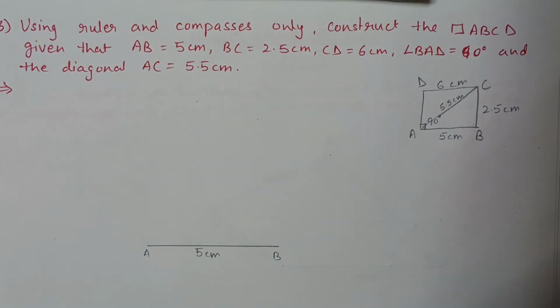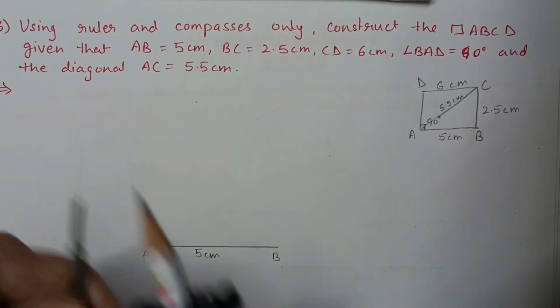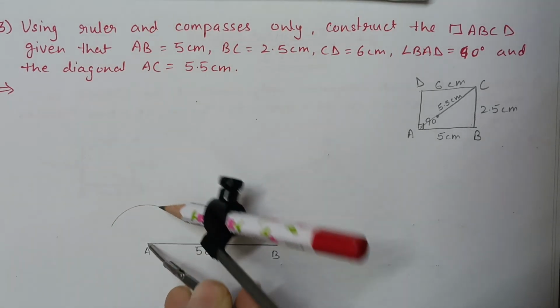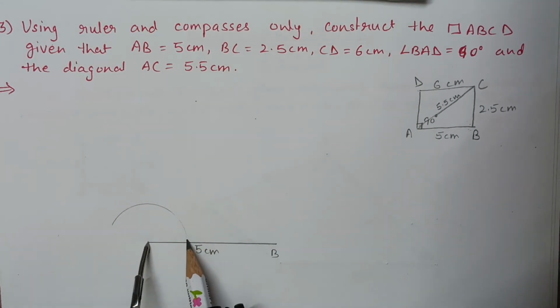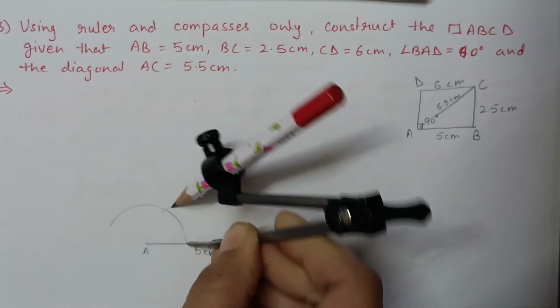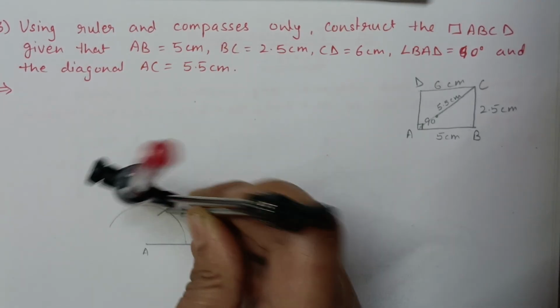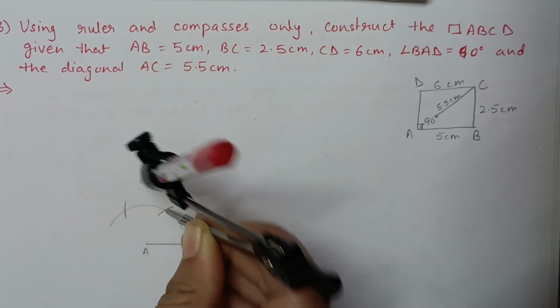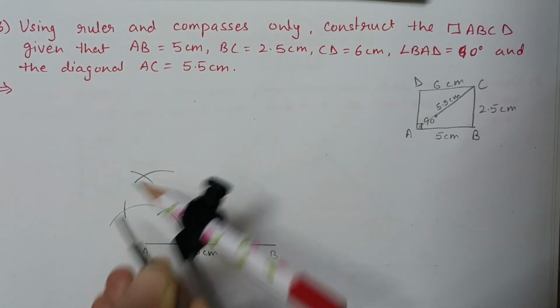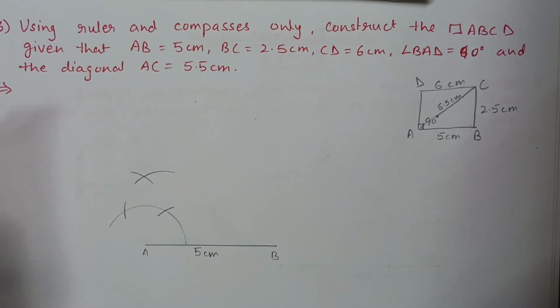For that, in our compass we'll take nearly 2 centimeter distance. We'll keep the compass nib here and draw the first semicircle. From this first semicircle, the first arc is 60 degree, the second arc is 120 degree. From 60 and 120, if you bisect, you will get a 90 degree angle.